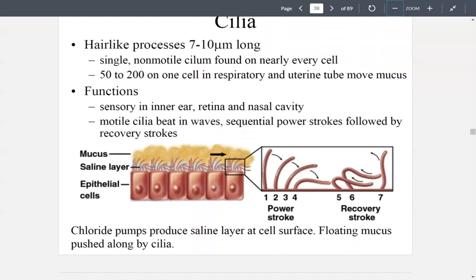And the reason for this is they are going to move in a wave-like motion to move substances, specifically mucus, over them. Now in the respiratory tract, that's going to help move mucus, which has trapped gunk in them, like dust, debris, bacteria, up and out of the lungs so it can be taken care of and no longer harm the lungs.